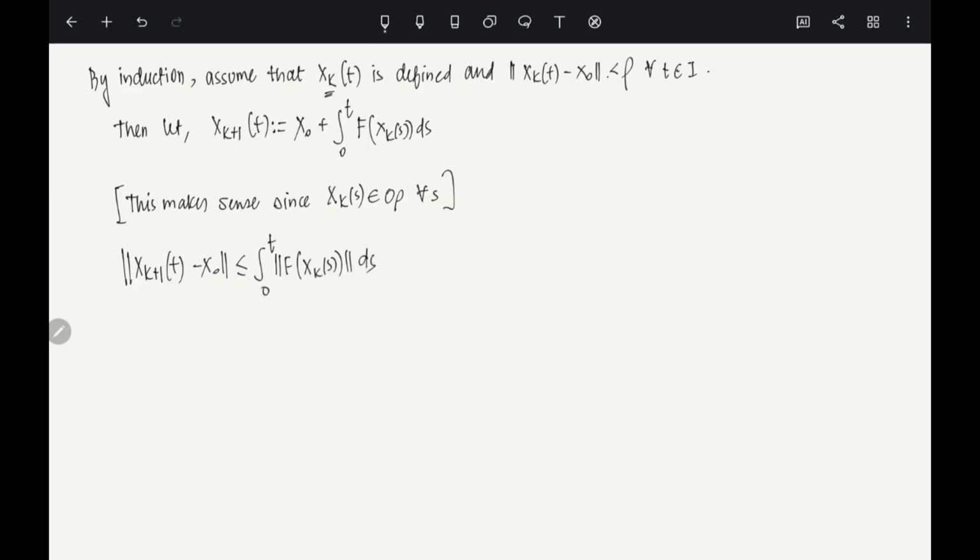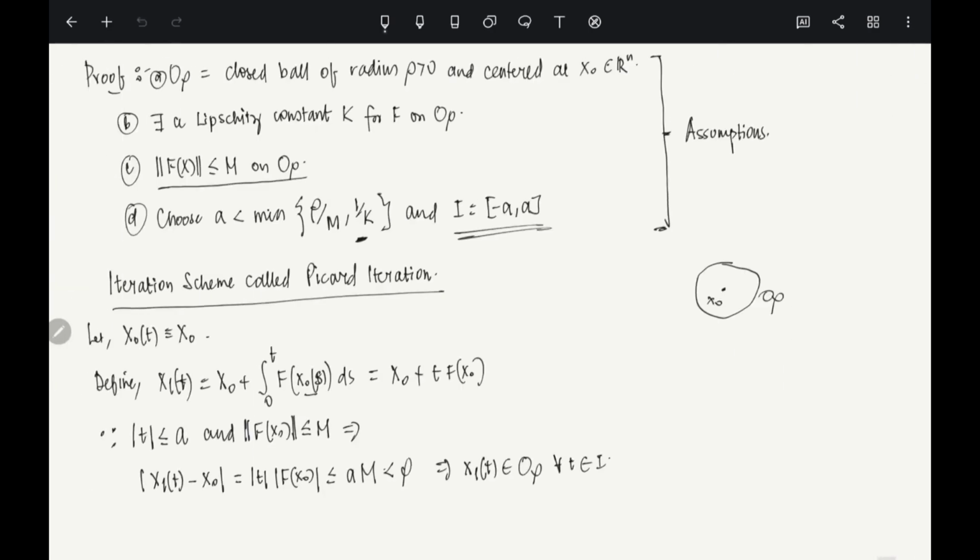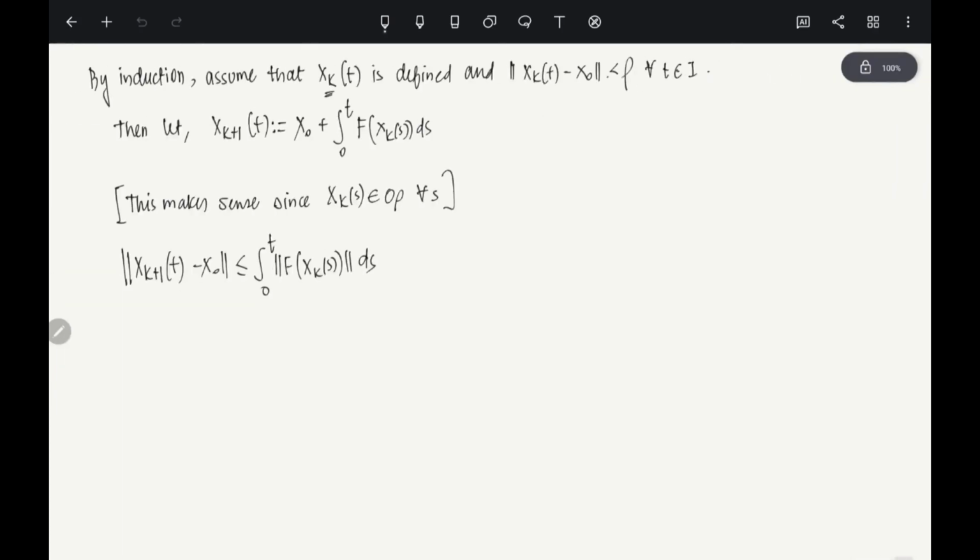Now xk of s is in O rho, and f restricted to O rho is always bounded by M. So I will use M times the integral of ds from 0 to t, which is M times t, and t is dominated by a, since t is varying between minus a and a. So that is the bound which I am using here, which is less than rho.